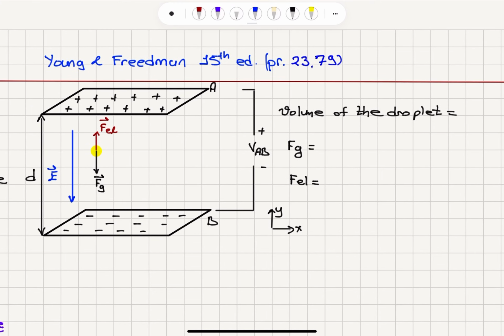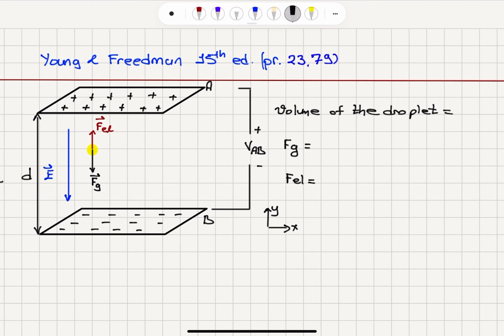The volume of the droplet is, assuming that it's a perfect sphere, 4/3 pi r cubed. The gravitational force it feels is its weight, mg, which is its density multiplied by its volume multiplied by g.